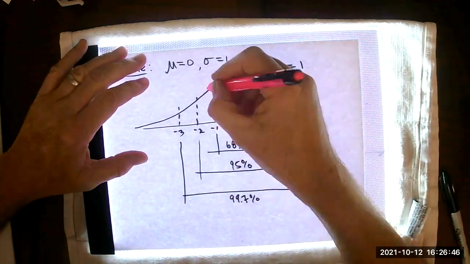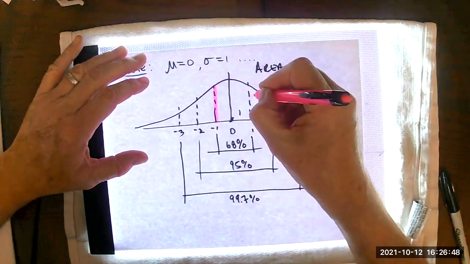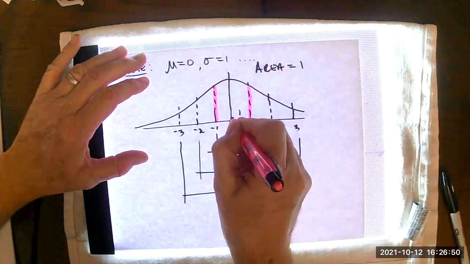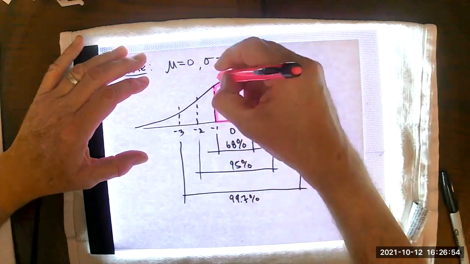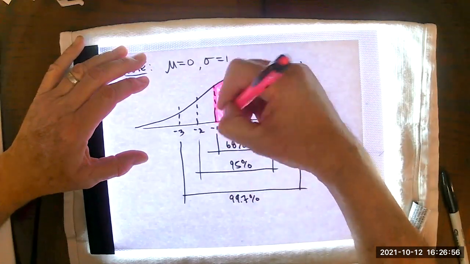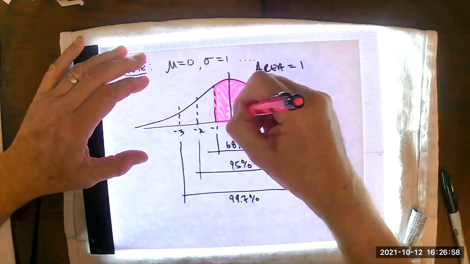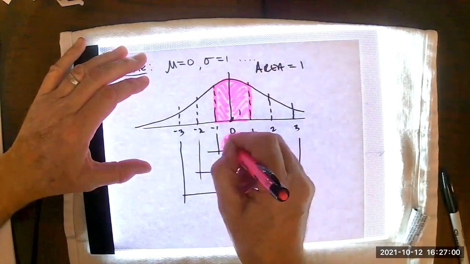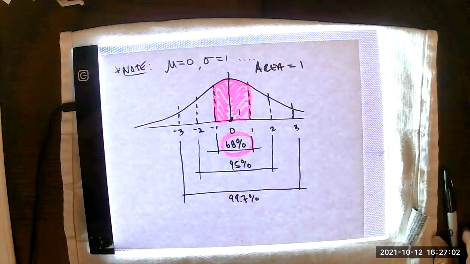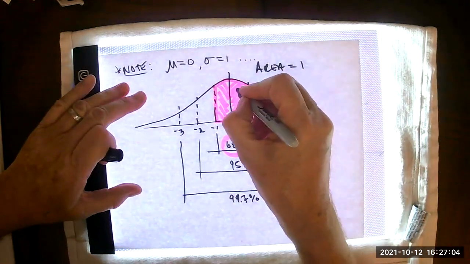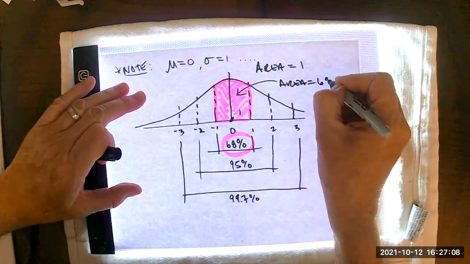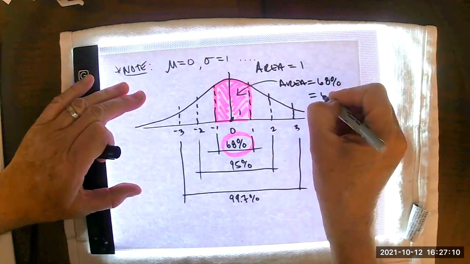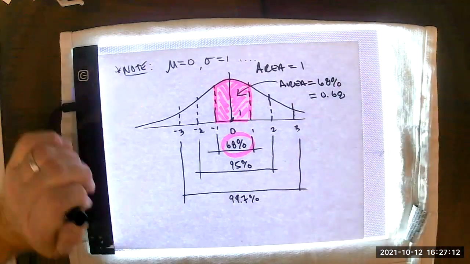What that means is, for example, this little bit of area between plus or minus 1, that area in here, is 68% of everything, or 0.68.